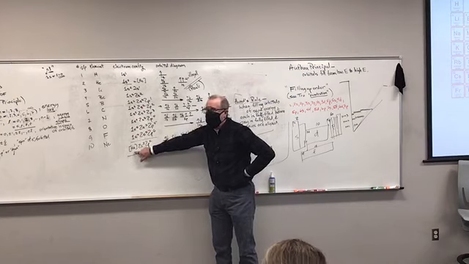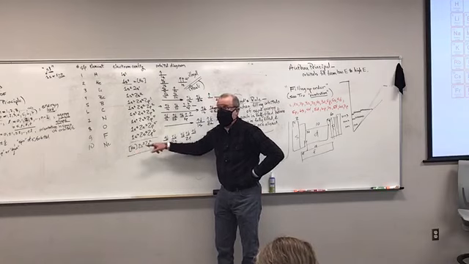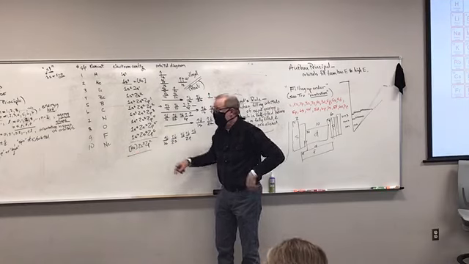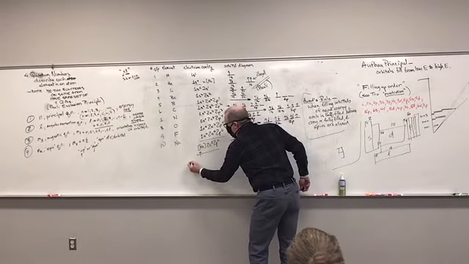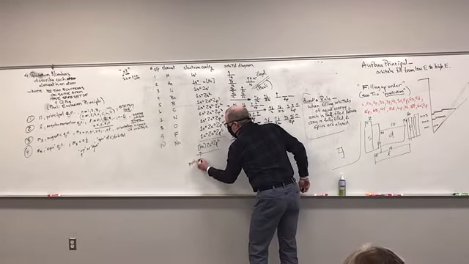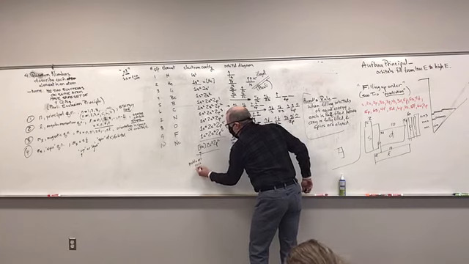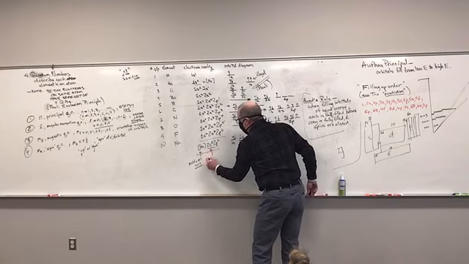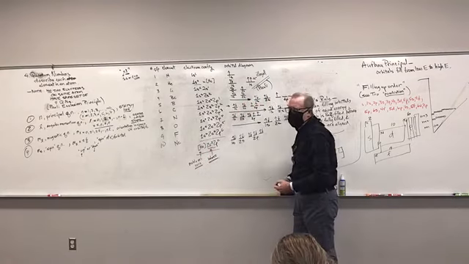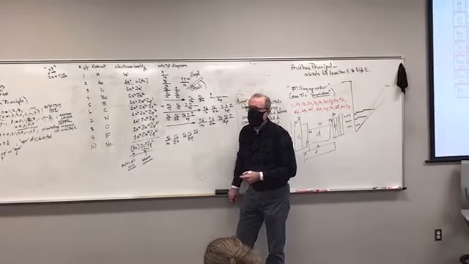That means it's got those electrons plus these extra. This is called the noble gas core. And this is the valence configuration.